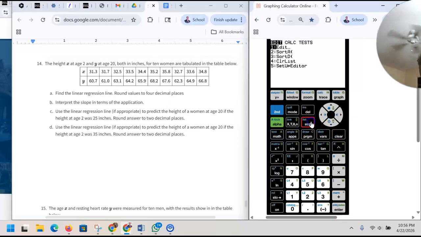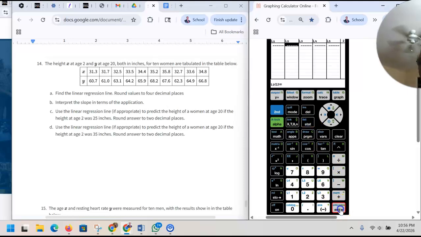So stat, go down, enter, and open parenthesis, second, and go all the way to L1, comma, second, L2, close, enter. Okay, done. Now you go to stat and enter, and you put the numbers again.